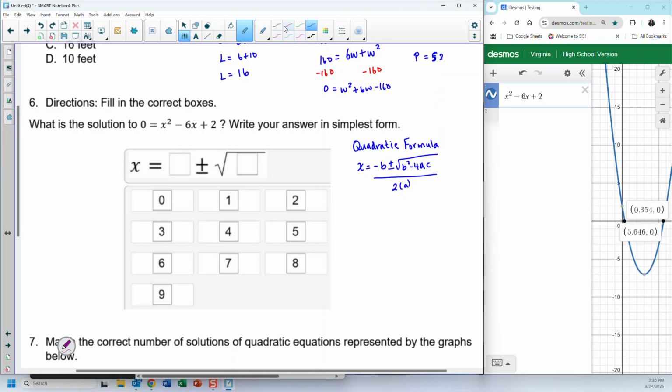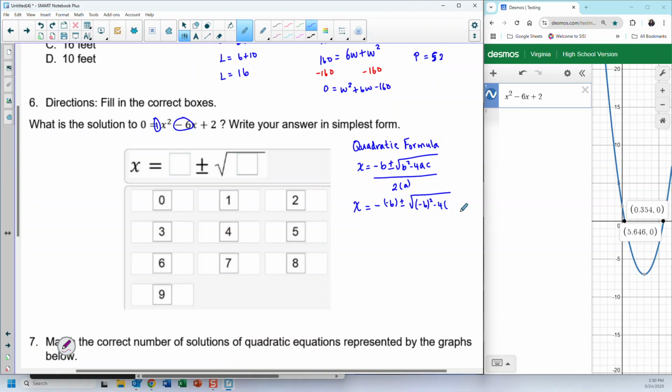So you have x equals -b. So b is -6. Make sure to take the value of it, so that's -6 plus or minus the square root of b squared, which is -6 squared, minus 4 times a. A is the number here.